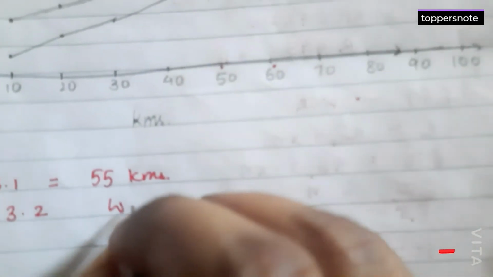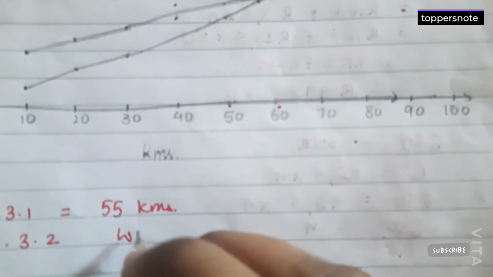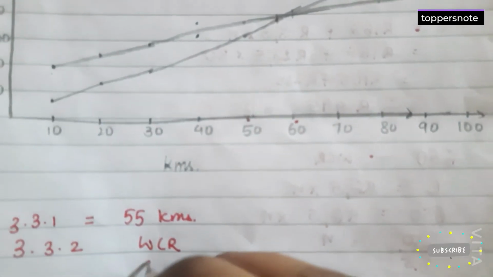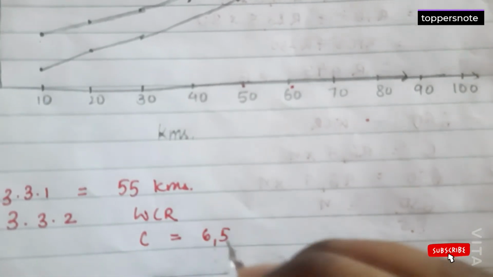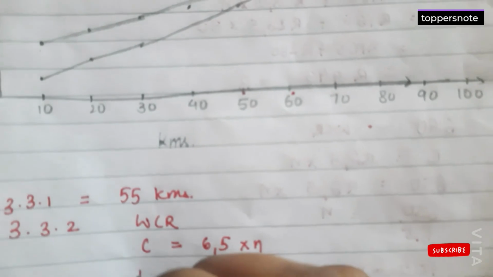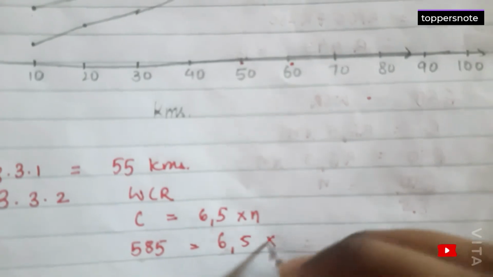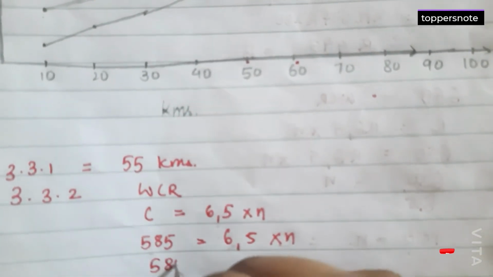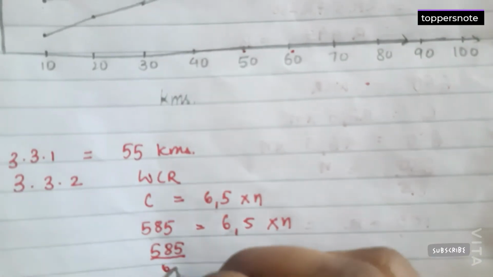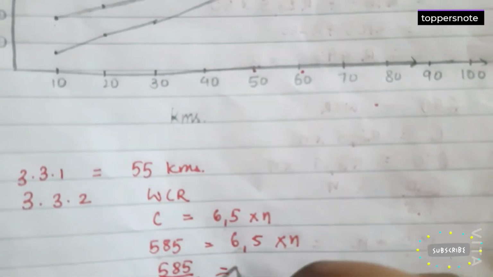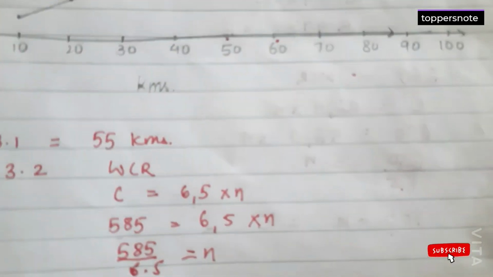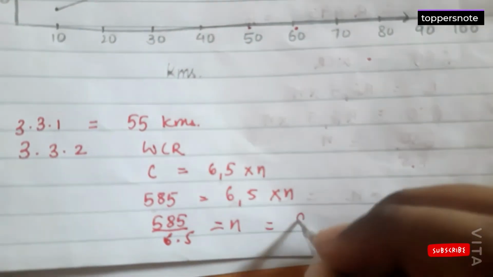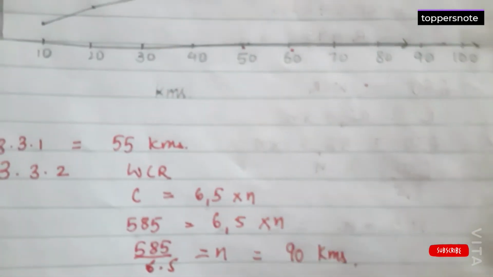The formula for World Car Rentals is C = 6.5 into N, and the cost is 585. So we'll divide that. It will be equal to 90 kilometers.